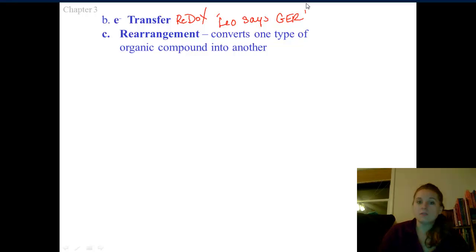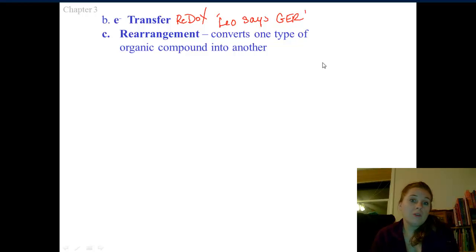Loss of electrons, oxidation. Gain of electrons is reduction. Electron transfers are very important in organic molecules as they are going to allow for these reactions to happen. The rearrangement, we can convert an organic molecule into another. That's a pretty important thing of living organisms, and having carbon as a backbone really, really helps with that.